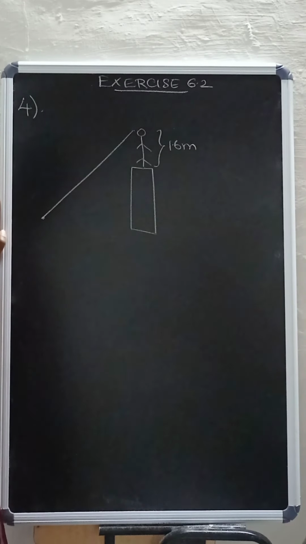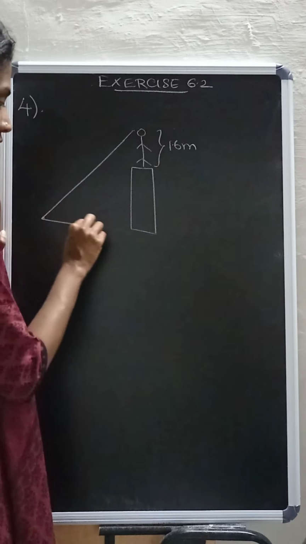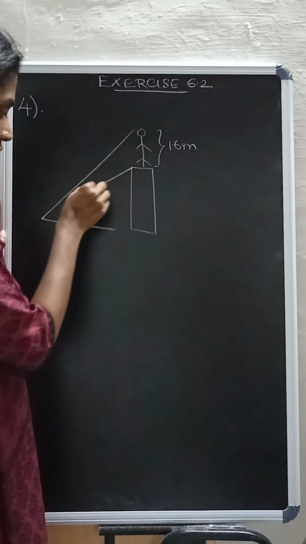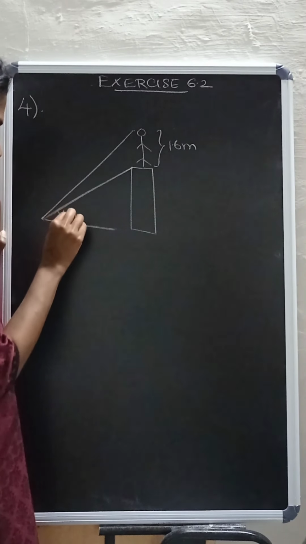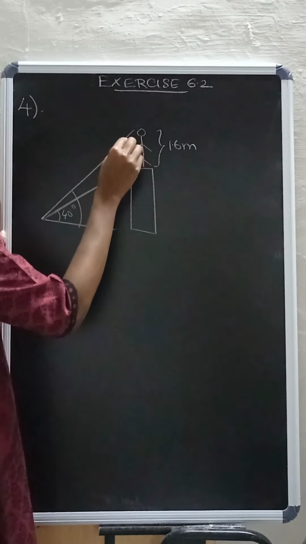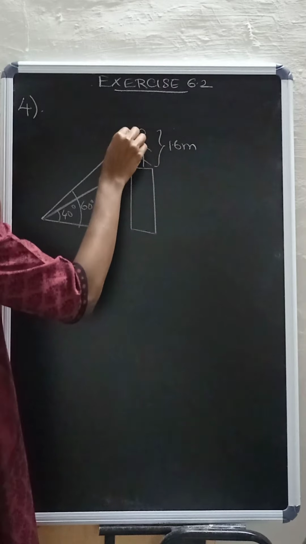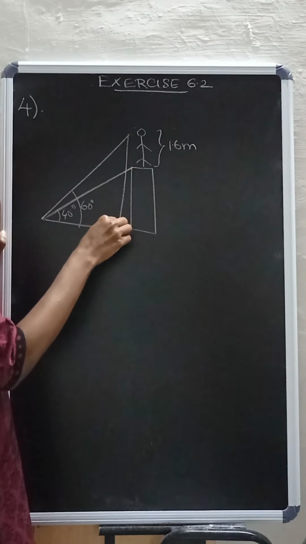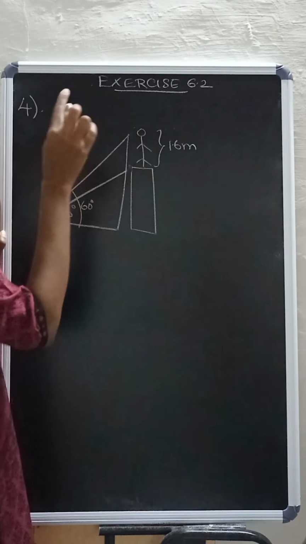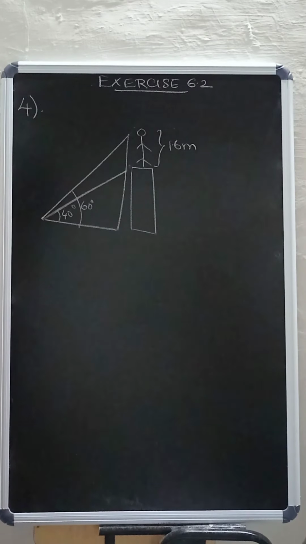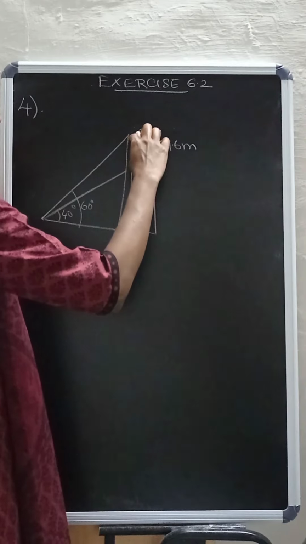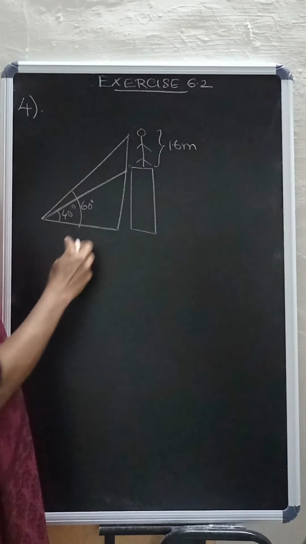And from the same point, the angle of elevation of the top of the pedestal is 40 degrees. So the top of the pedestal is 40 degrees. The top of the statue is 60 degrees. Now, find the height of the pedestal. So here we have 1.6 meters. We need to find this value.